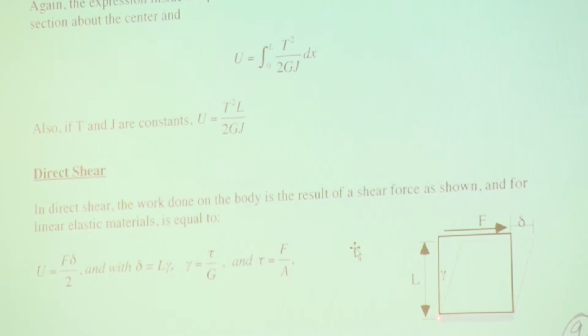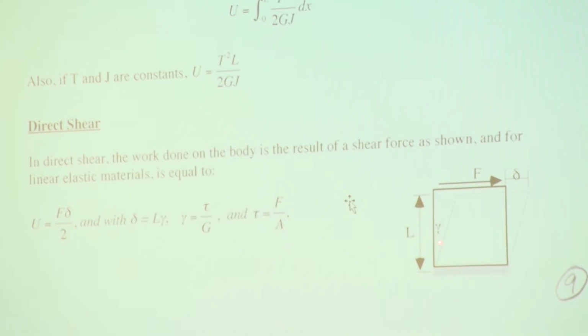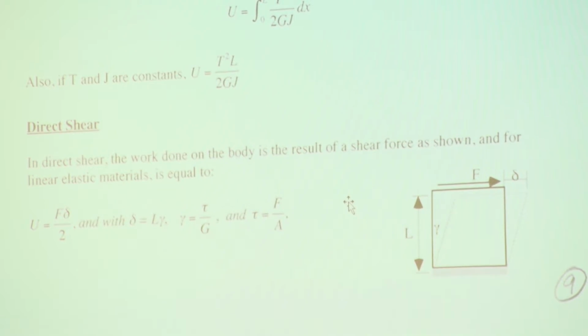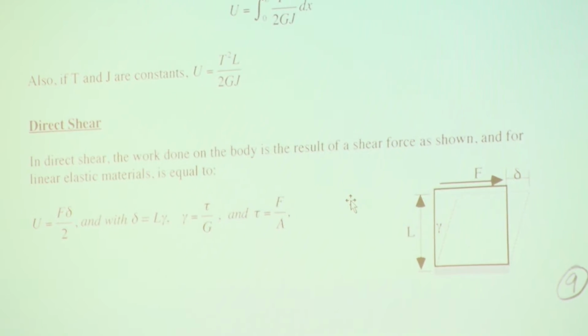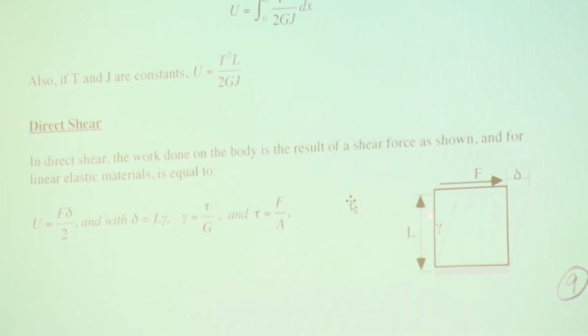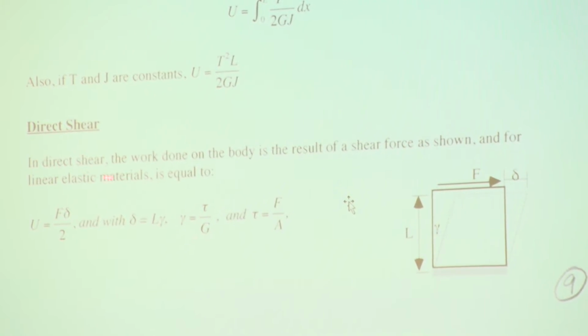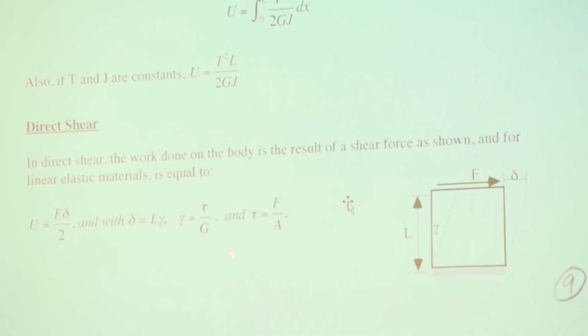This angle was 90 degrees before the load was applied. It is now this. The change is gamma. That's the shear strain. And this length, which is equal to delta, is equal to L times gamma. Gamma is tau over G. Again, we're assuming linear elastic behavior.